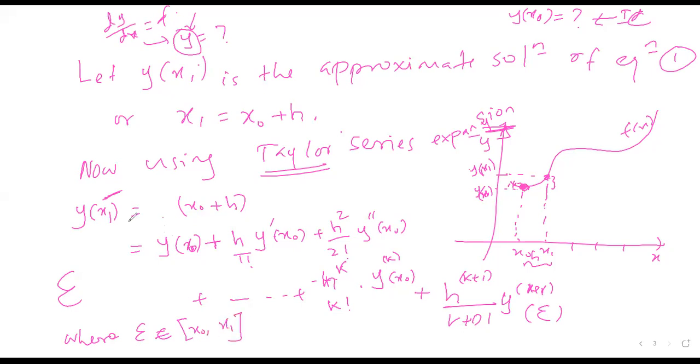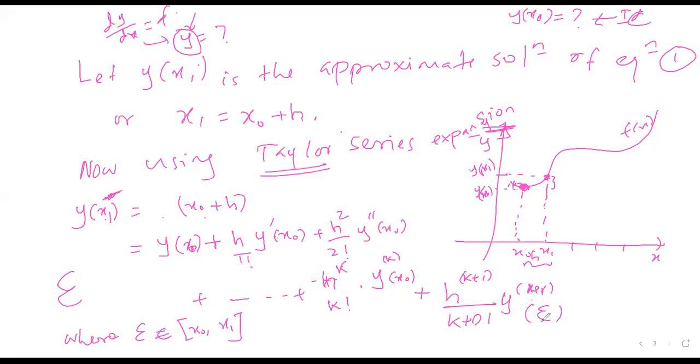Since we are finding our next step, I said this is a single step, one step process. So we know the x naught terms. If you want to find the x1 term, we are using x naught terms for our calculations, the derivatives.